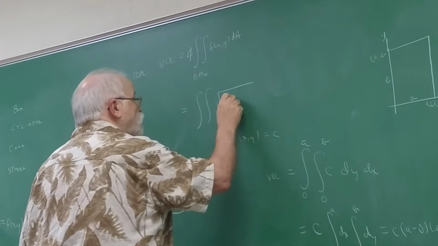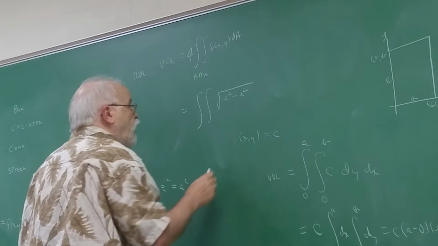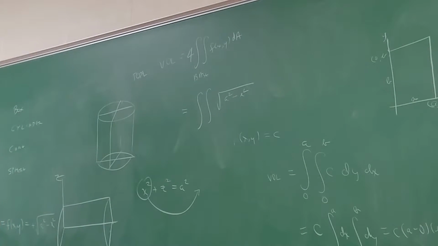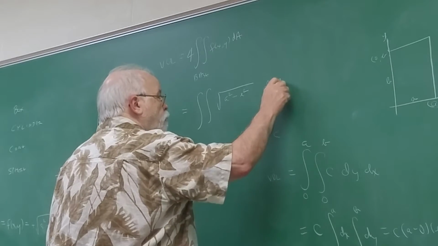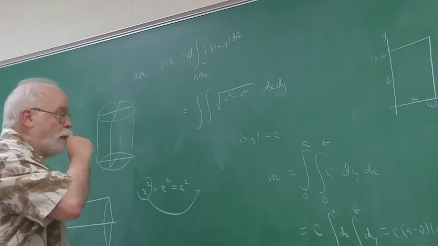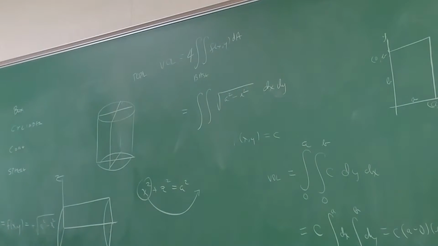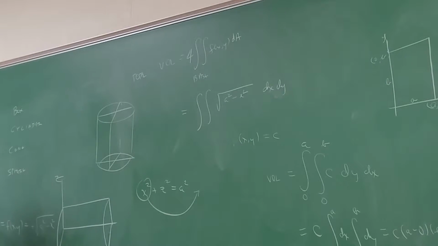So this will be a squared minus x squared. And we'll choose an order of integration. dx dy. All right. So, y limits: 0 to h.